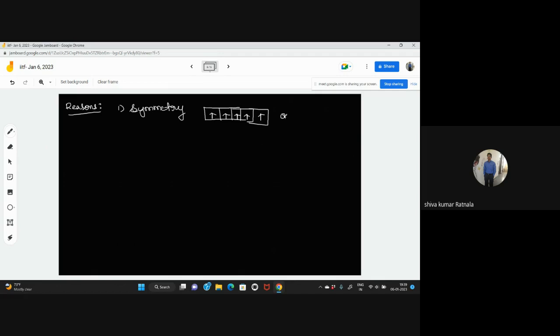Either we can fill like this or like this. That means all electrons are either clockwise or anti-clockwise. Because of the symmetrical arrangement of electrons, and in d10 we have only one possibility.